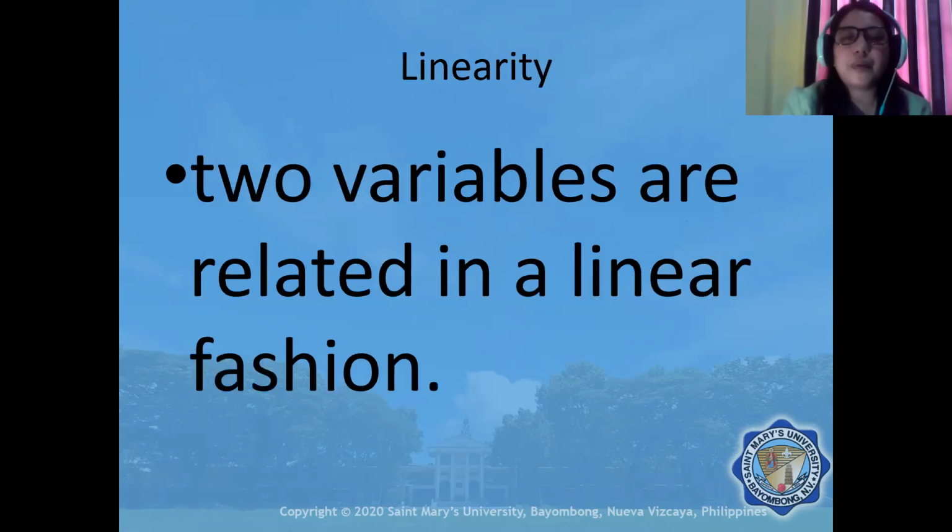And then the last one is linearity. Linearity is the assumption that two variables are related in a linear fashion. If they are related, it is expected that when you construct a scatter diagram, it forms a line.